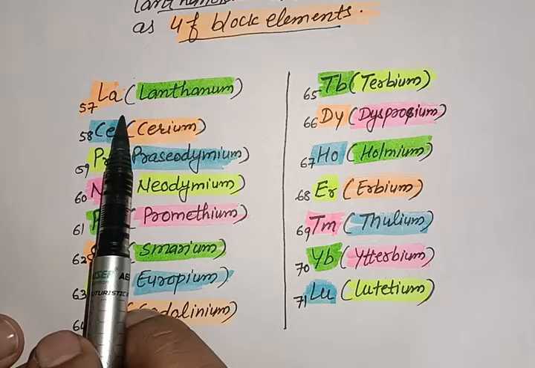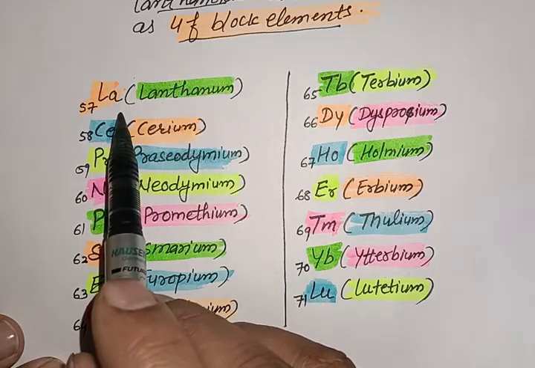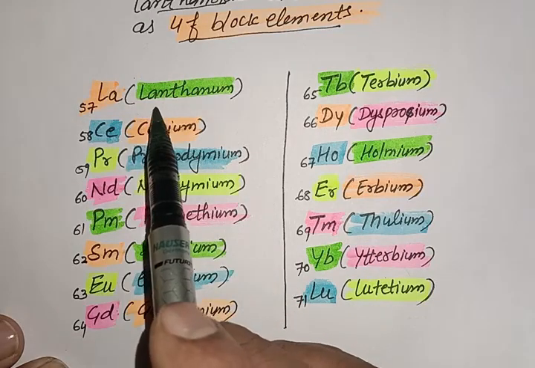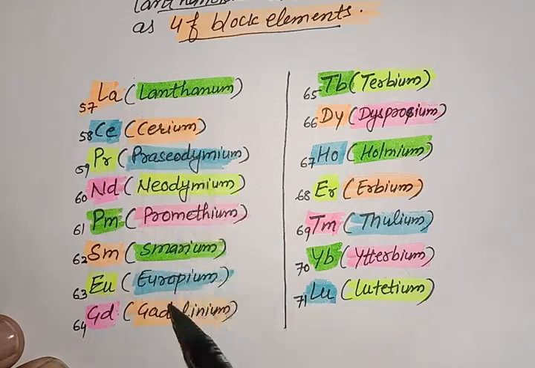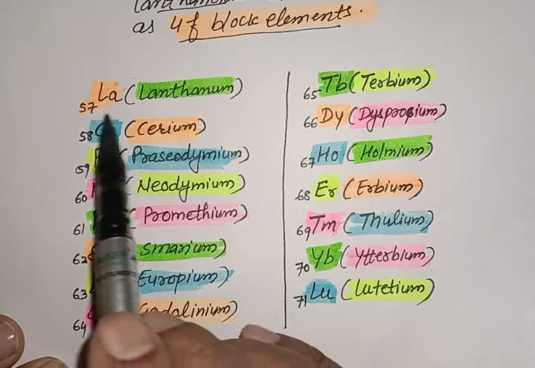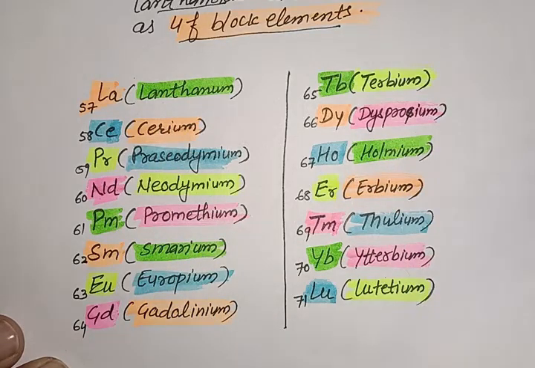The first element of the lanthanoid series is lanthanum. It is not a typical lanthanoid element, but most of the properties of lanthanum match with the other 14 elements of this series. That's why lanthanum is studied along with the rest of the lanthanoids.